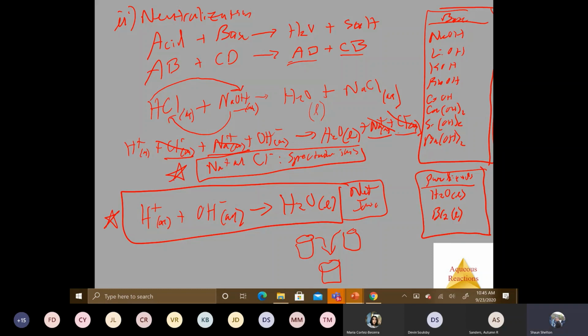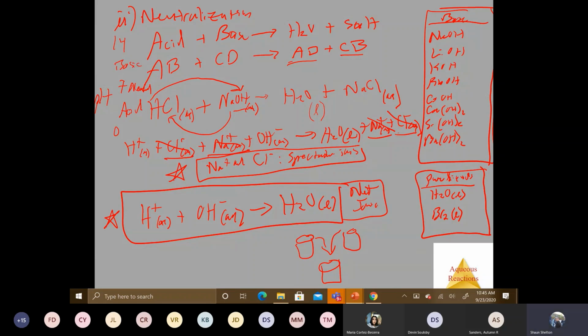So when we talk about a neutralization reaction, we actually can look at the pH scale. All right. So the pH scale ranges from 0 to 14, 7 being in the middle. Now 7 is neutral. 0 to 7 is acidic, and then 7 to 14 is basic.